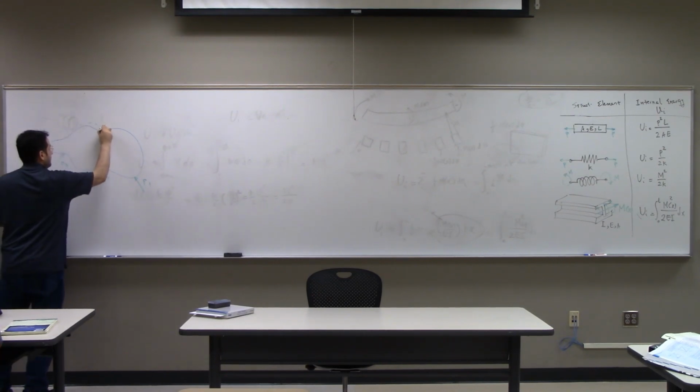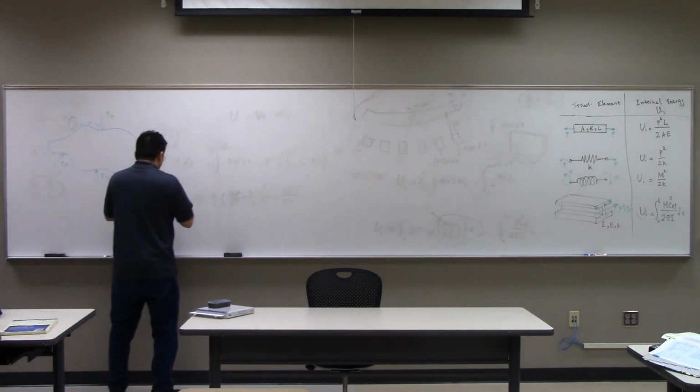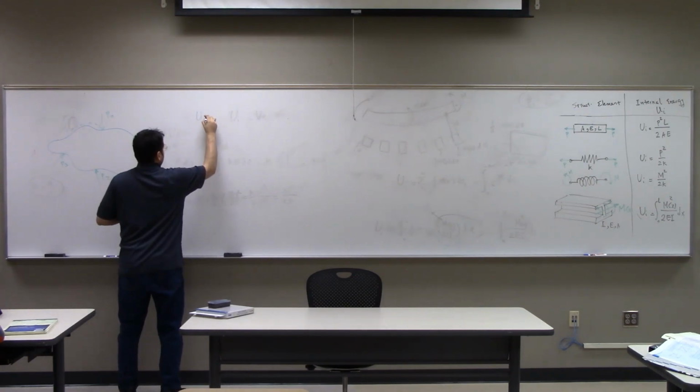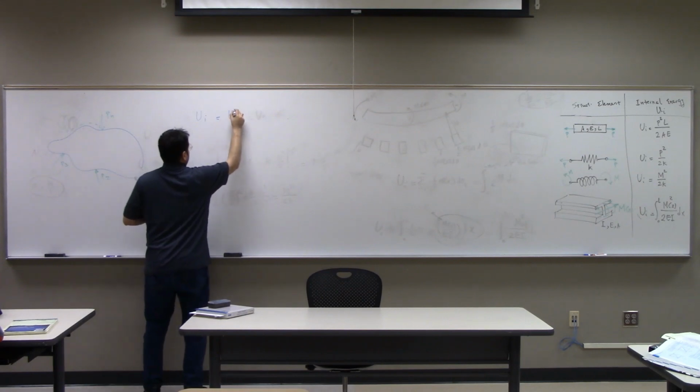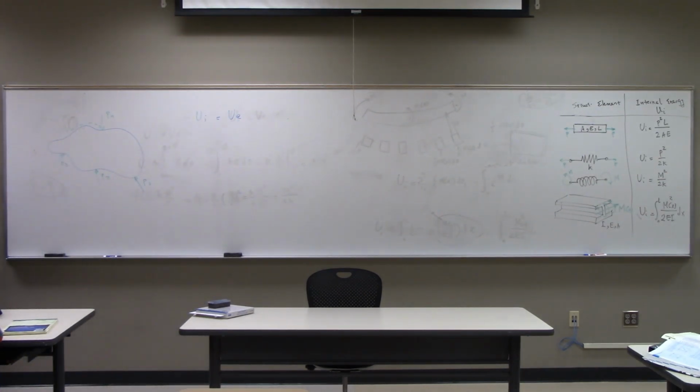So this theorem is very general, Pn, right? Arbitrary number of loads anywhere. So you can write the internal energy is equal to the external load that I apply to this object.